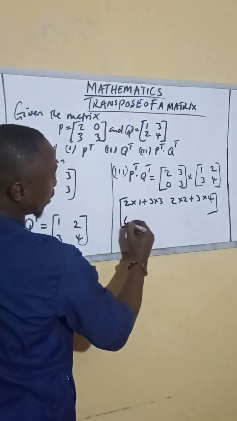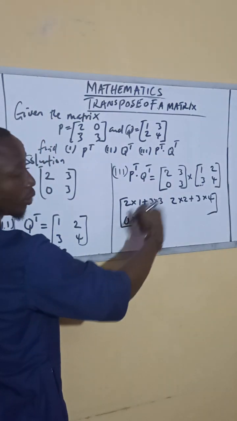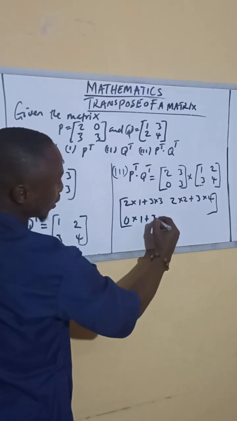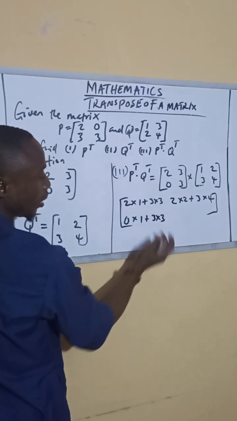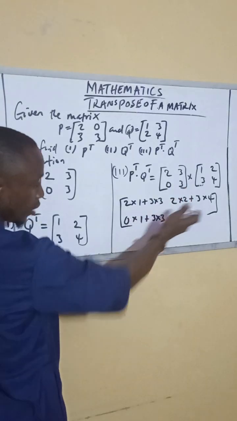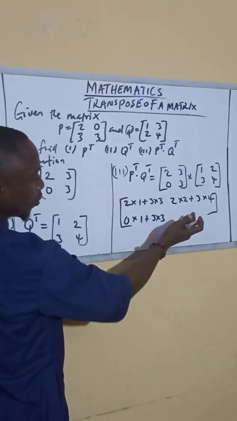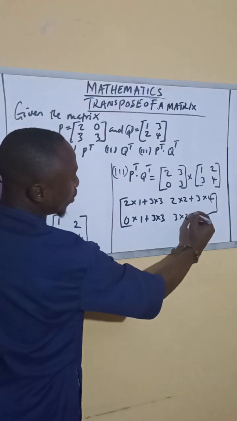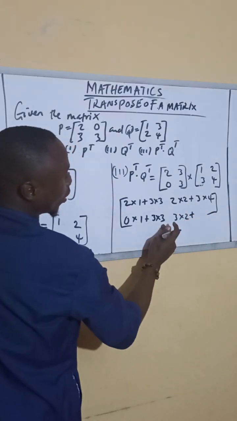0 now. 0 times, I can pick out this one without looking there. 1 plus the second one is for 3, right? 3 times 3. Are you seeing now? I just pick out what they have there because I know it's going to end up being the same. The same thing applies. We are going to pick out 0 and 3 there. That's going to be 3 times the 2 that we have there, plus what do we have here?